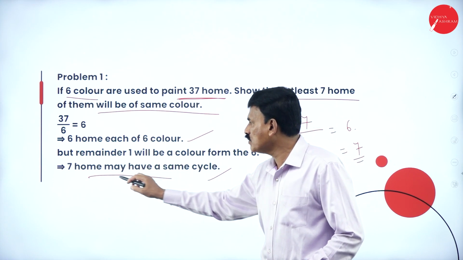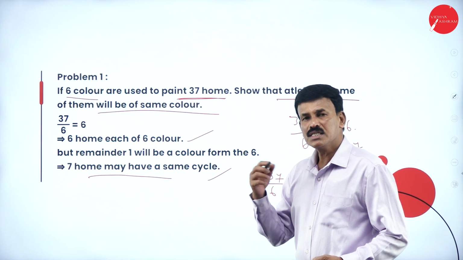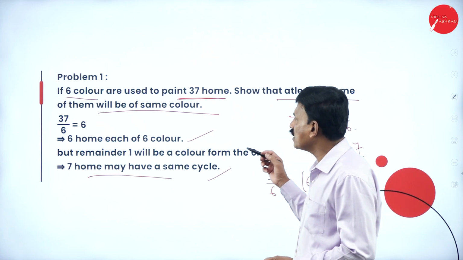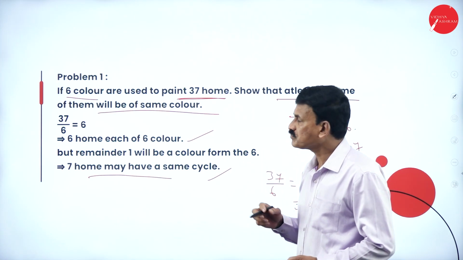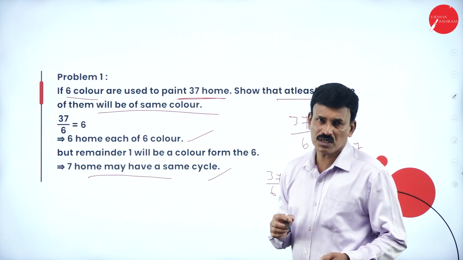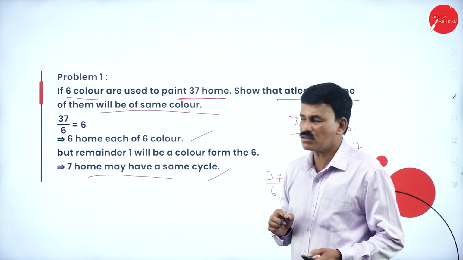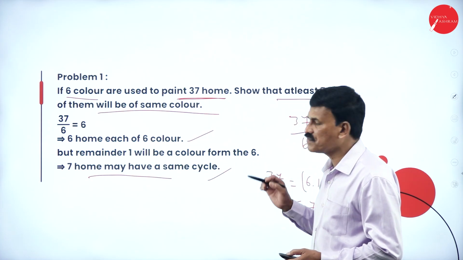So 7 homes may have the same color, and the other homes will have each of the 6 colors.